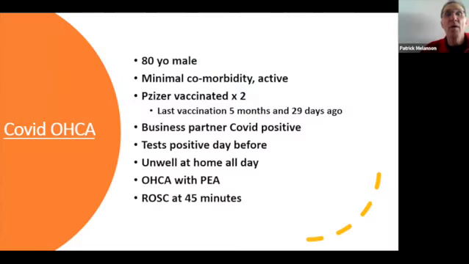Okay, so the first thing I'm going to talk about are the new interim guidelines that came out in October about COVID CPR, or a protected code blue in the face of somebody who's COVID positive or potentially COVID positive. As you probably know, the MUHC has had protected code blue protocols in place since the start of the pandemic.